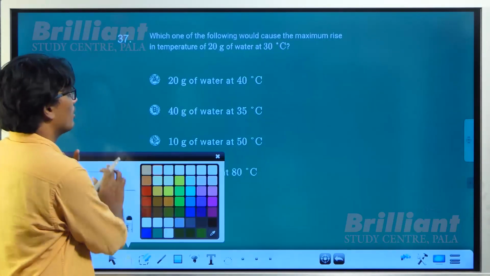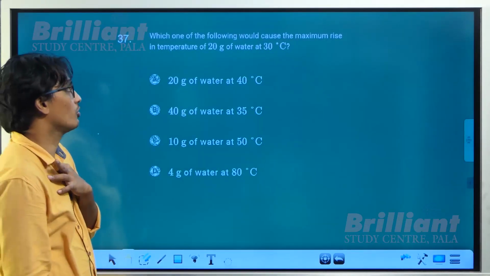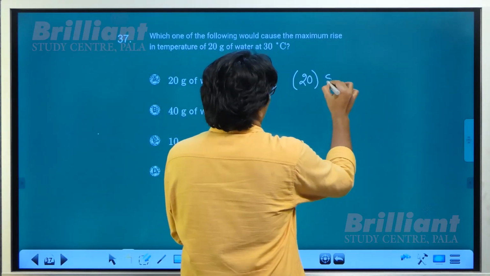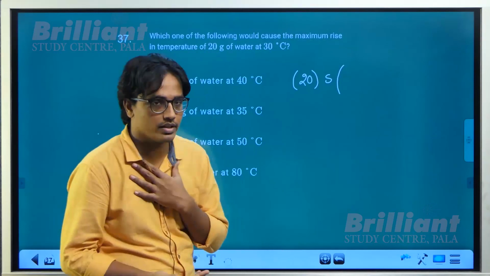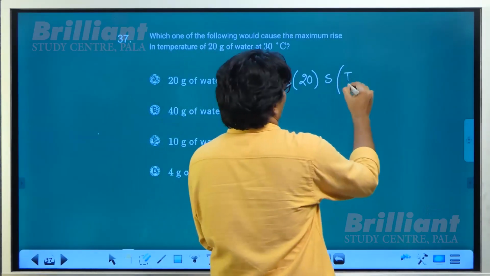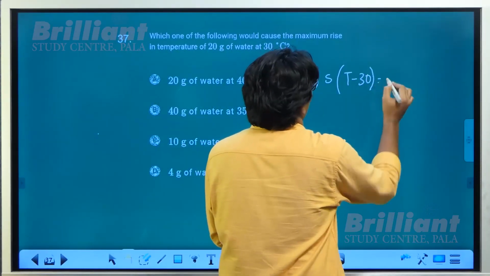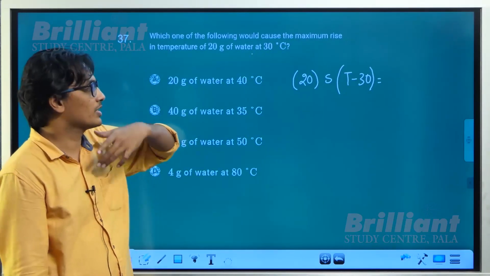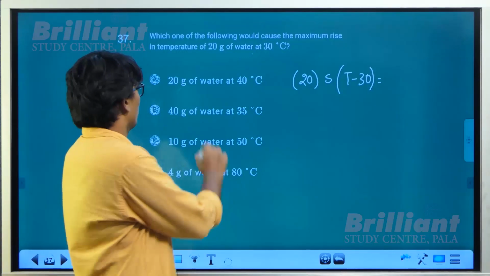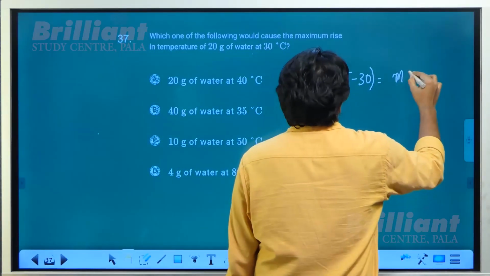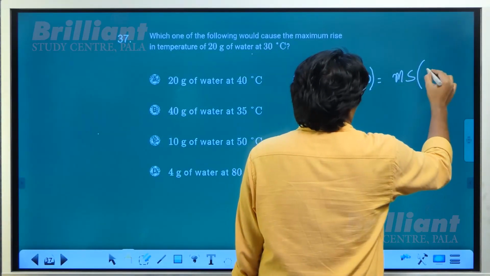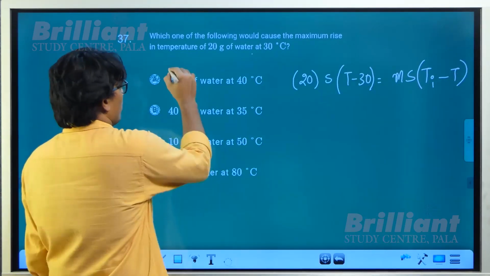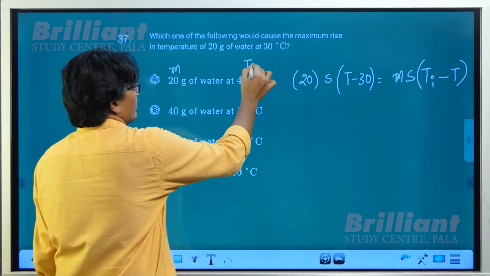Next, which one of the following would cause maximum rise in temperature of 20 grams of water? So you have 20 grams of water. Suppose its temperature has increased to T. This is heat gained, so this must be equal to heat lost by the hotter liquid: mass times the initial temperature minus T. In each case they give the mass and the initial temperature.